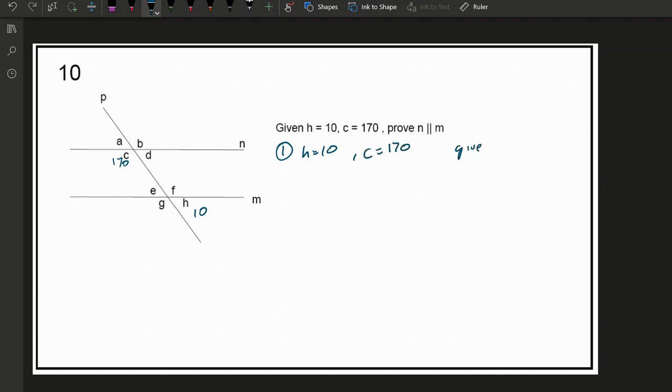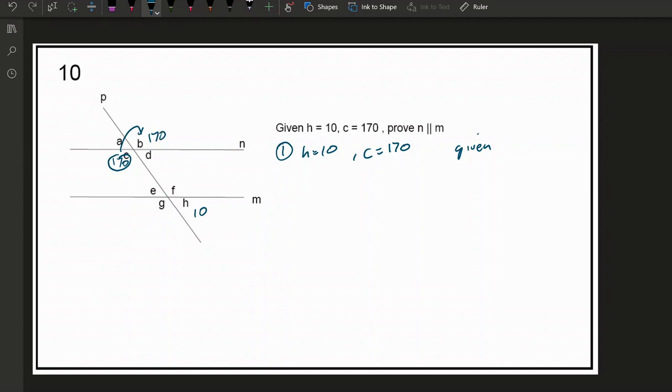That is given. Now, if you look at this again, this is not one of the ones that matches up nicely. This is not one of our angle pairs that we can use for our theorems. So I'm going to need to move something around in order to get the two angles that I want. I would take 170 and move it over here and say this is 170.